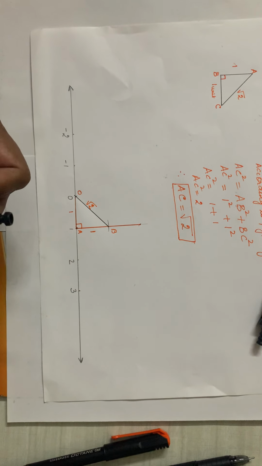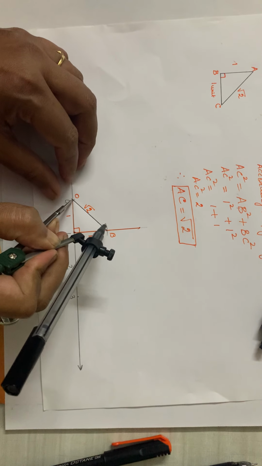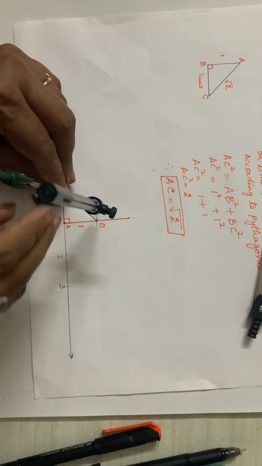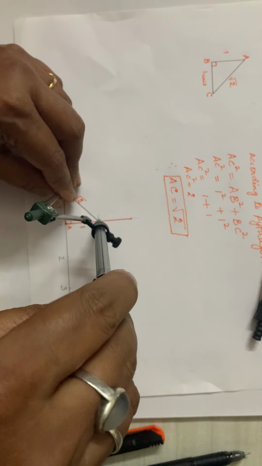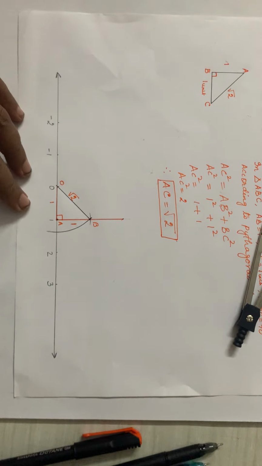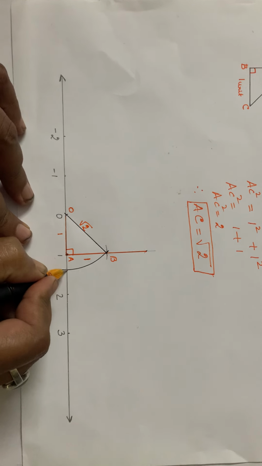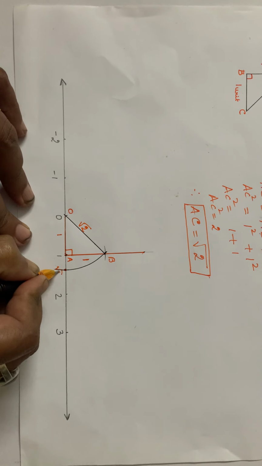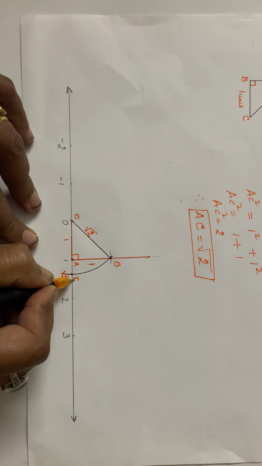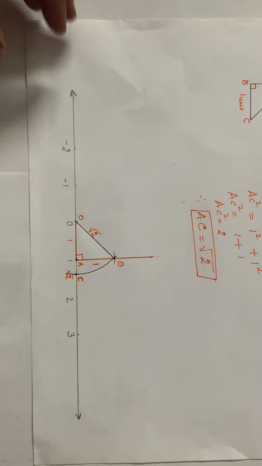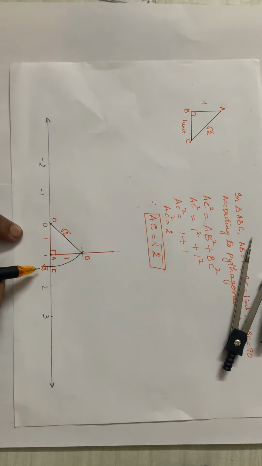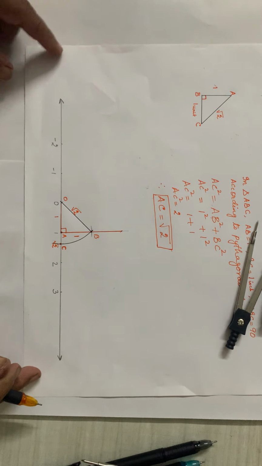So now let us measure from O to B. Continue this arc and mark it on the number line. This point here that we get on the number line is square root of 2. Let us name it as point C. So here we have represented root 2, square root of 2, which is an irrational number, on the number line.